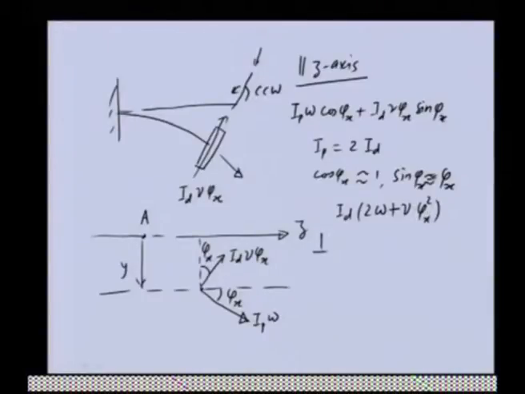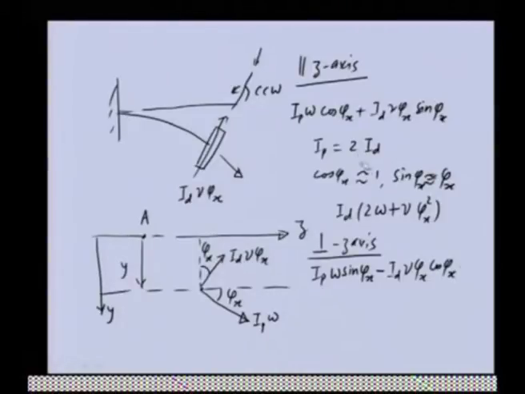Now perpendicular to the z axis, what is the component of this angular momentum? So this will be Ip omega sin phi x. In this particular case, let us say y is positive in the downward direction. So we have the component of this in the positive y direction, but the component of this will be in the negative direction. So this will be Id nu phi x, then cos phi x.